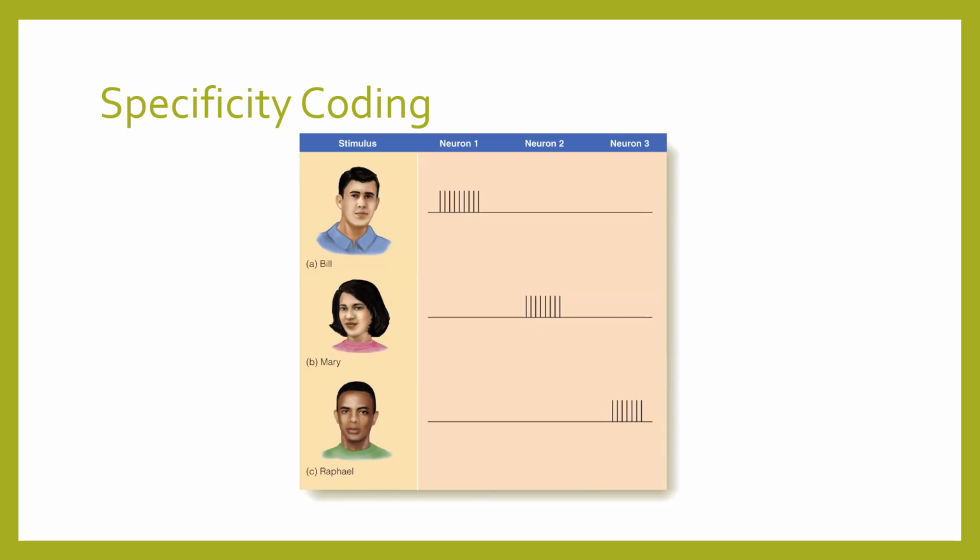And your book has this kind of visual representation, which I'm going to steal an old one. This would mean that for faces, I have a neuron that responds to Bill, a different neuron that responds to Mary and not to Bill or Raphael, and then a separate neuron that responds to Raphael but not to Bill or Mary.